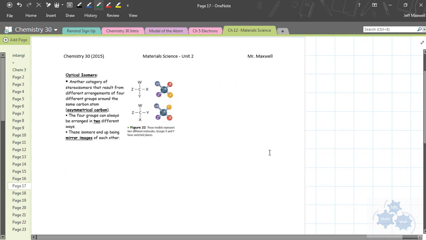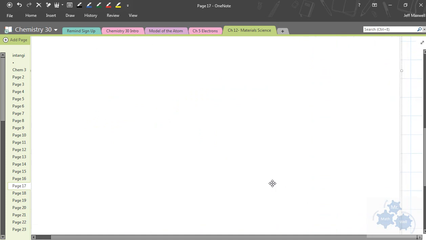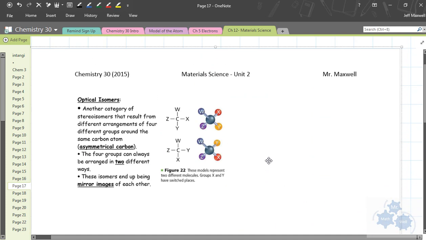All right, optical isomers. So you learned about optical isomers the other day, and again, sorry, it's a bit small. But optical isomers are another category of stereoisomers that result from different arrangements of 4 different groups around the same carbon. This one's a little bit trickier to envision, especially when you don't have a model kit in front of you.